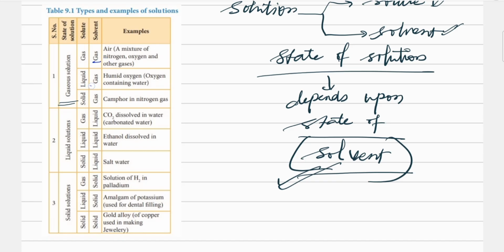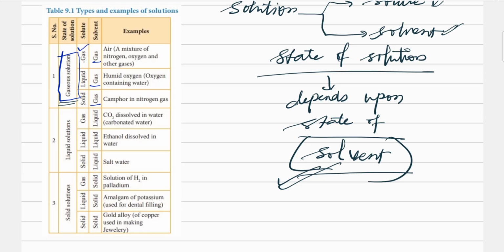In every case, solvent is going to be a gas form. So I have told you that if solvent is in gas form, then solution will be a gaseous solution. As you can see over here, it is written over here. Okay, so solute can be in three different states of matter, the major states of matter, which first one is gas.